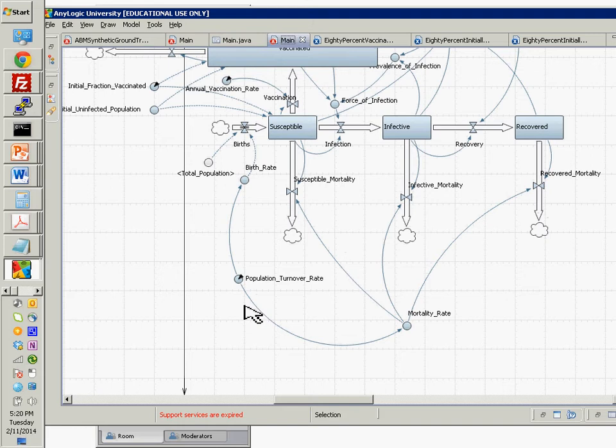I wanted the two to be the same initially, so the population is in stasis in terms of its size. But I didn't want susceptible mortality to depend directly on this population turnover rate, because if we want to separate them in the future, we'd have to go change all these different equations, the equation here, the equation here, the equation here. And I didn't want to do that, especially in front of the class, and especially burning class time.